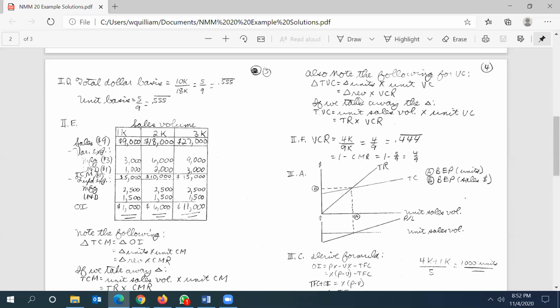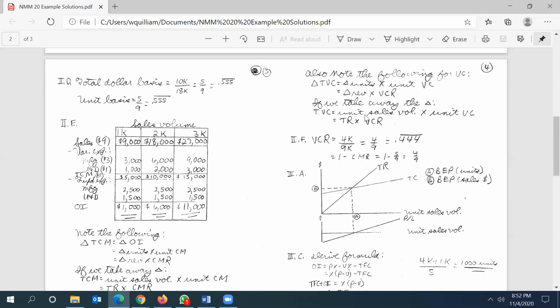It also equals the change in revenue times the variable cost ratio. So the change in revenue being $9,000 multiplied by 4/9, the variable cost ratio. And again, you'll get a change in variable expenses column to column of $4,000.